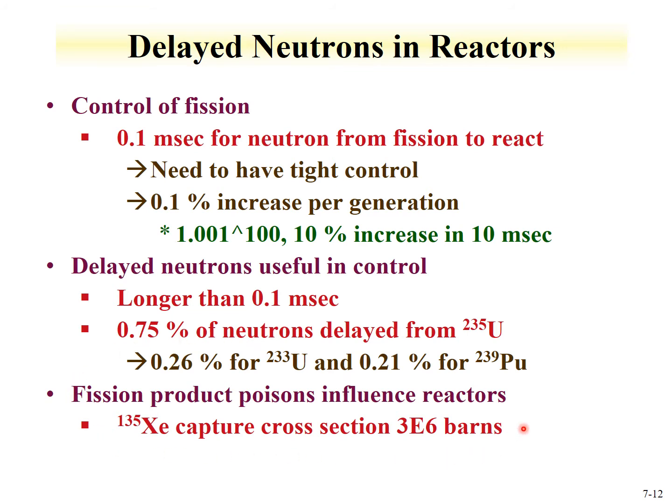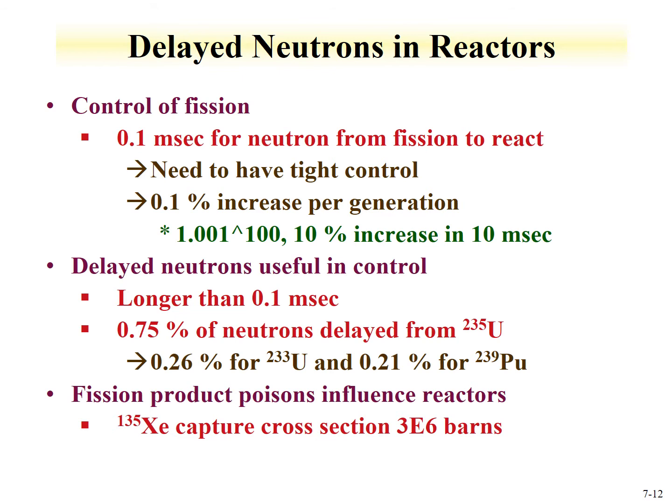Now, fission products also have another influence on fission. You can call it kind of a positive influence on fission. It gives off some neutrons. But there are some fission products that influence reactors because they absorb neutrons. For example, the fission product xenon-135 has a very large neutron capture cross-section, 3 × 10⁶ barns.